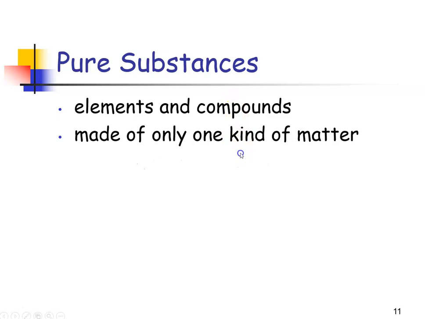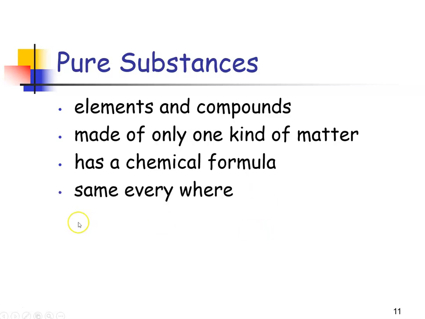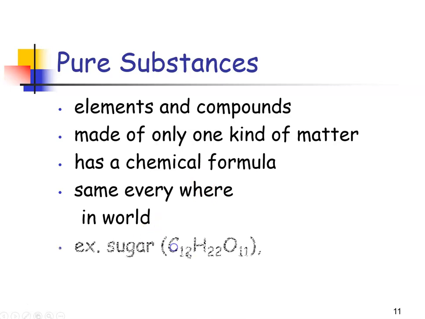That's a compound. It will have a chemical formula. That is the key thing for identifying a pure substance, that you can write a definite chemical formula for the substance, and that will be the same everywhere. Another example is water, H2O, two hydrogens to one oxygen, always.